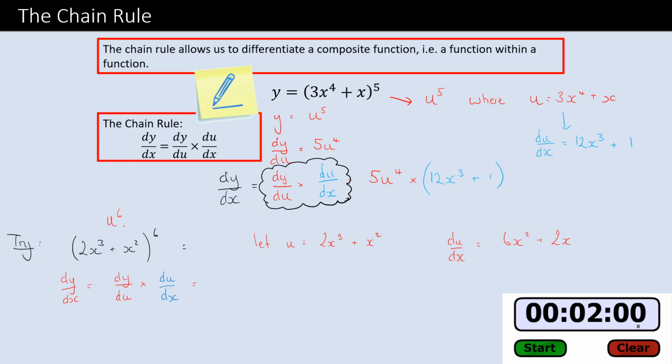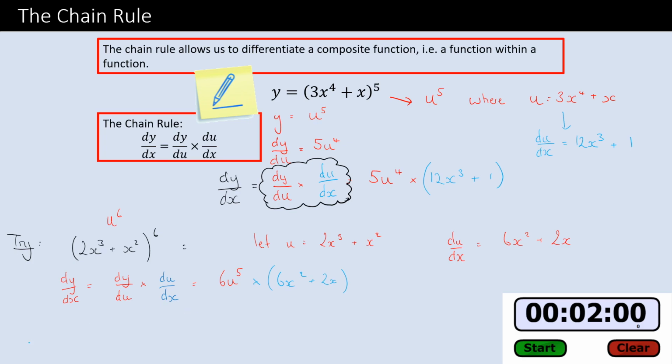So dy by du, this function differentiated, gives us 6u to the power of 5. And then we're going to multiply by du by dx, so that's multiplying by 6x squared plus 2x.